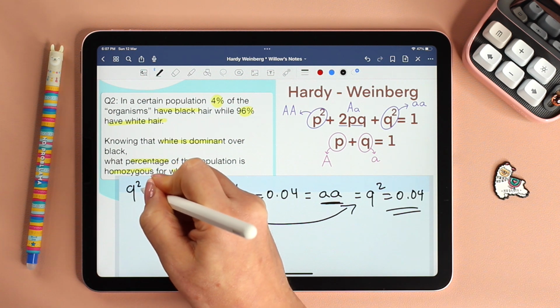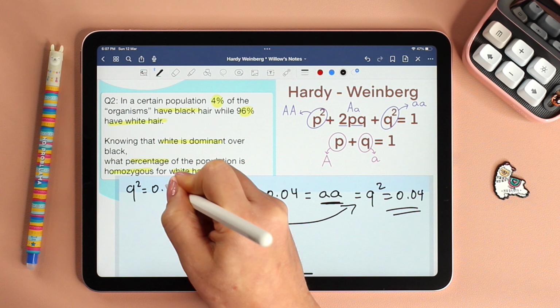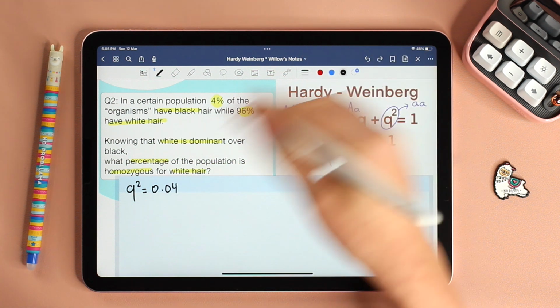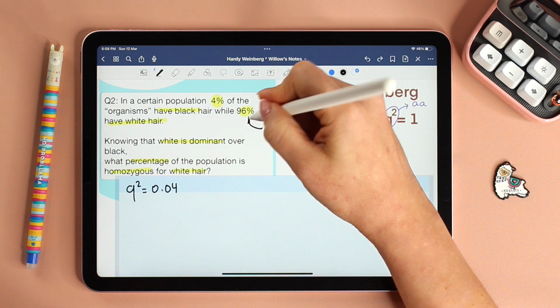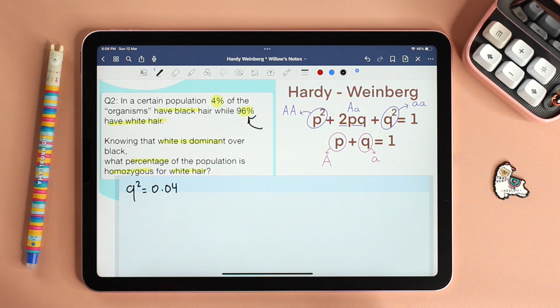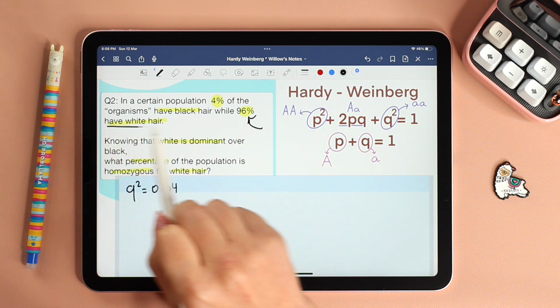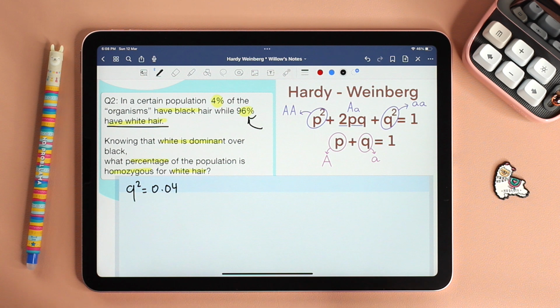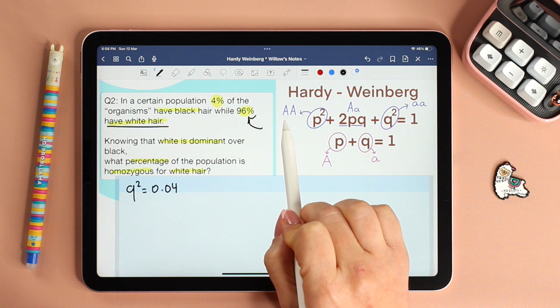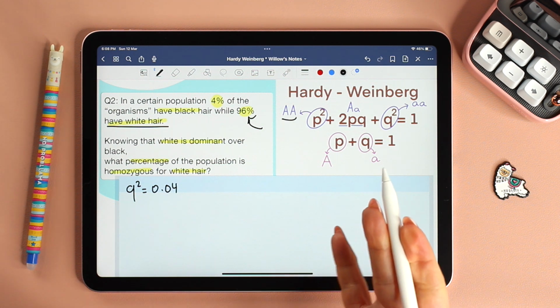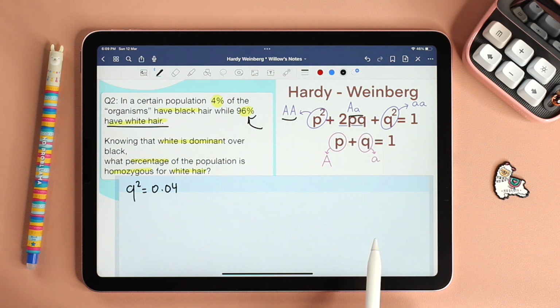Let's write that neatly here. Q square is 0.04. You might ask why we didn't use the 96%. We're not going to use the 96% because it's the percentage of organisms that have white hair. It's not the percentage of organisms that are homozygous dominant or that are heterozygous. It's those who have white hair.